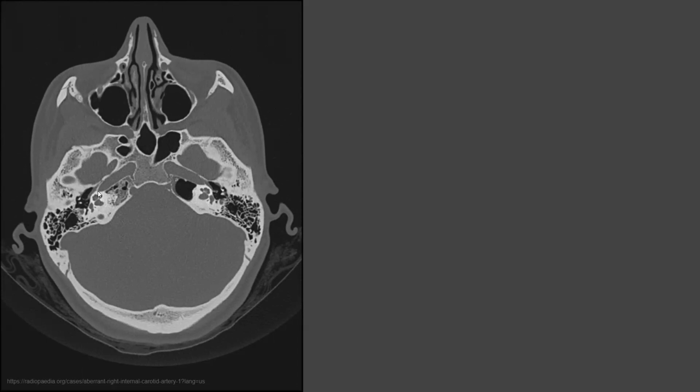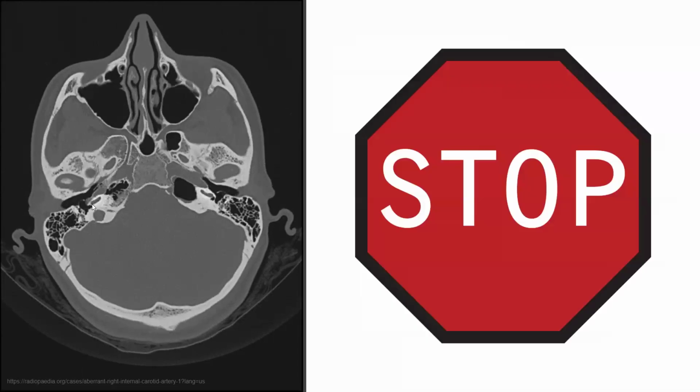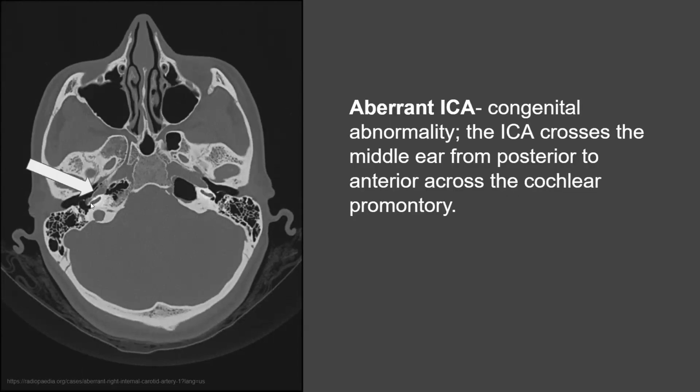It should not traverse along the outside of the inner ear structures, but in this case, it does here on the right side. And so this is called an aberrant ICA. Sorry, in the case of the aberrant ICA, the ICA crosses the middle ear from posterior to anterior across the cochlear promontory.